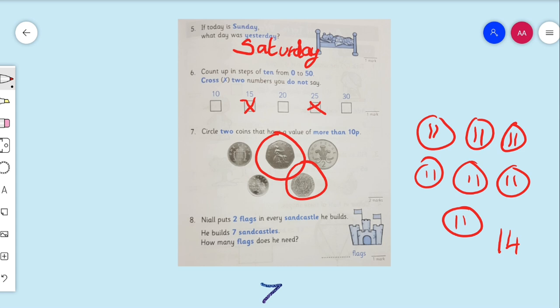But there is an easier way to do this. So we get 7 here and 2 here. So we do 7 times 2. If you don't know what 7 times 2 is, you can do the inverse, which is 2 times 7. It gives the same answer, but in an easier way.